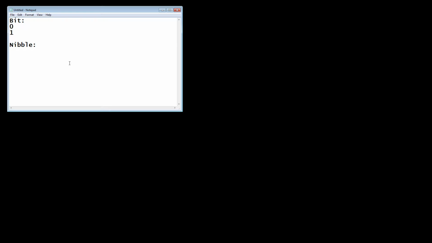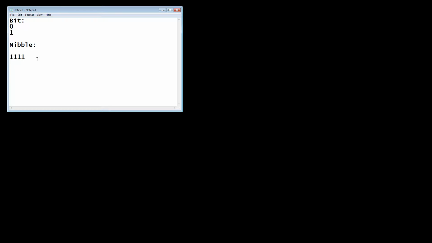That can sound kind of complex for the moment, but later on this will make more sense. I'm not going to put all of the possible values that a nibble can do right now because we don't need it here. It's just going to be long, and if I did that, I'd also have to do it for the next thing, which would take way longer.